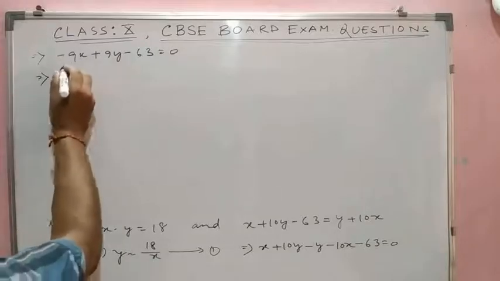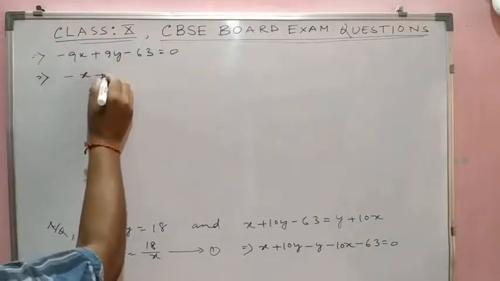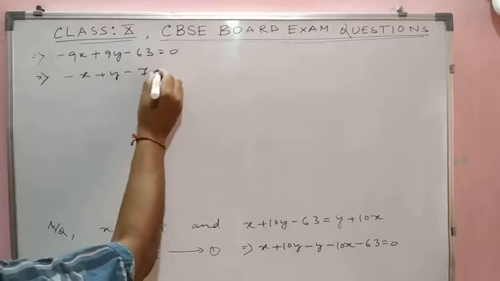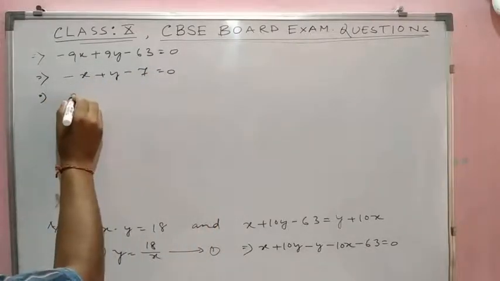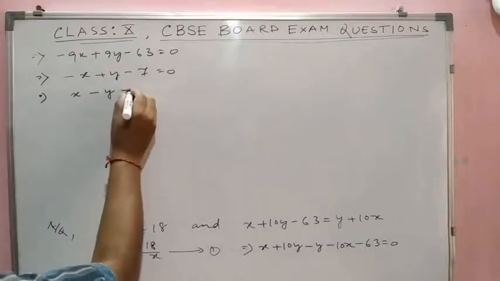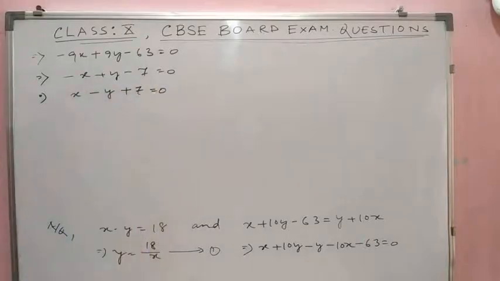Now divide by 9, it will be minus x plus y minus 7 equal to 0. Now divide by minus 1, you get x minus y plus 7 equal to 0.